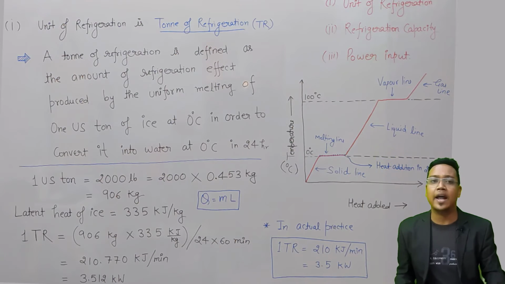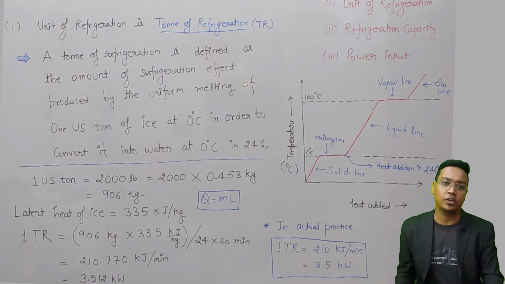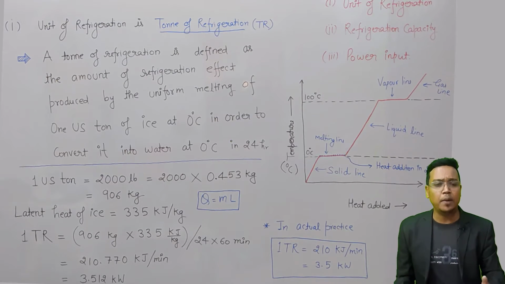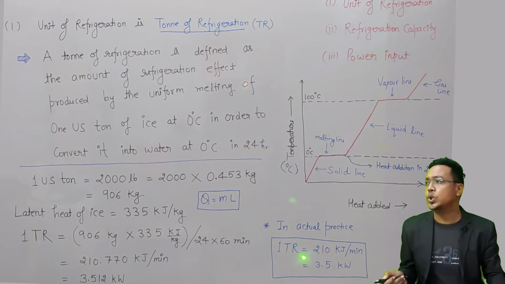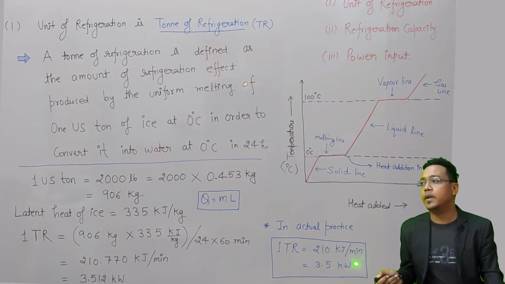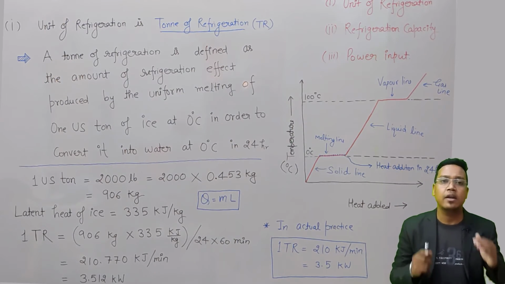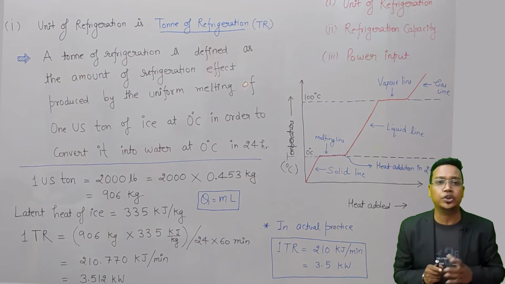Now I have converted 1 TR into kilojoule per minute or kilowatt. In actual practice, we take 1 TR is equal to 210 kilojoule per minute or 3.5 kilowatt. These values will be helpful when we do numerical problems and questions.